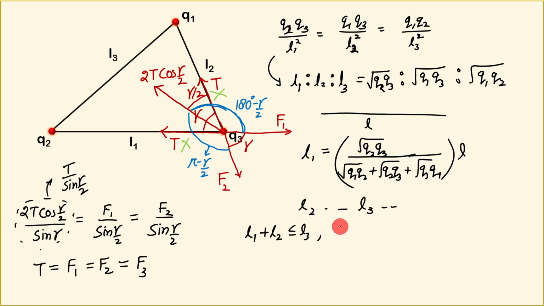Very similarly, L1 plus L3 is less than or equal to L2. We have determined the ratios, so the denominator is the same and we should not bother about it. In terms of L1 we'll get Q2 Q3, plus for L2, where Q2 must be absent, Q1 Q3, must be less than or equal to, for L3, where Q3 will be absent, Q1 Q2, and things like that. We can just expand all of that.